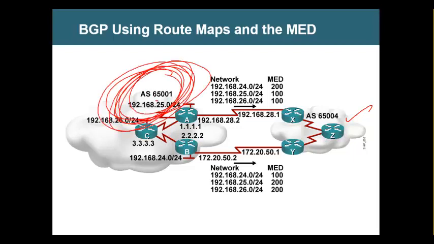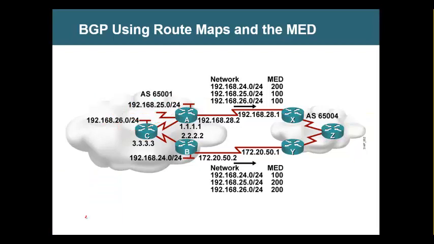To reach here, it will go via X or Y. Will Z take this path to reach here, or will it take this path to reach here?